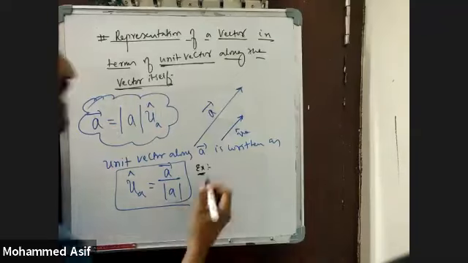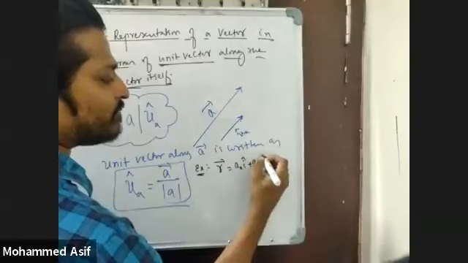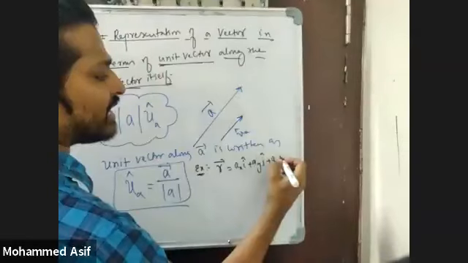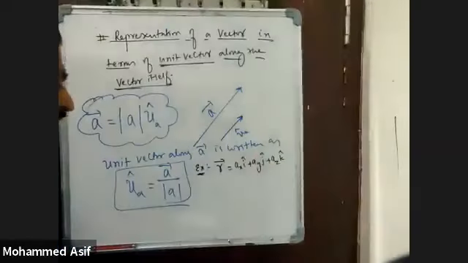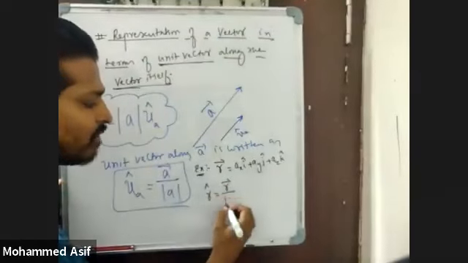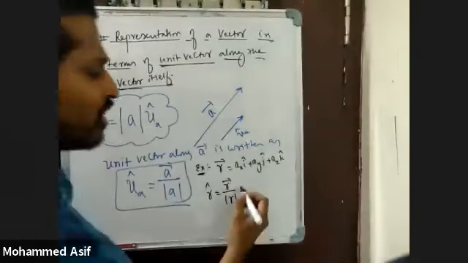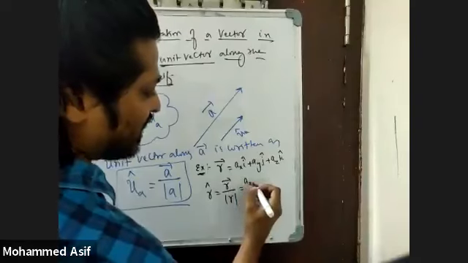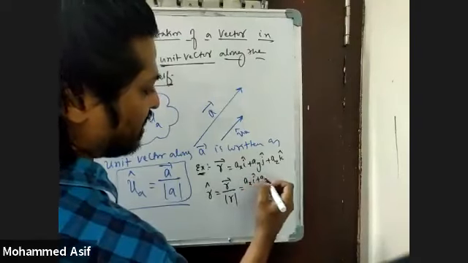Okay. If I'm given a vector R bar equals AX i cap plus AY j cap plus AZ k cap, how do you write its unit vector? R cap is equal to R bar by mod of R. R bar is AX i cap plus AY j cap plus AZ k cap, divided by magnitude.